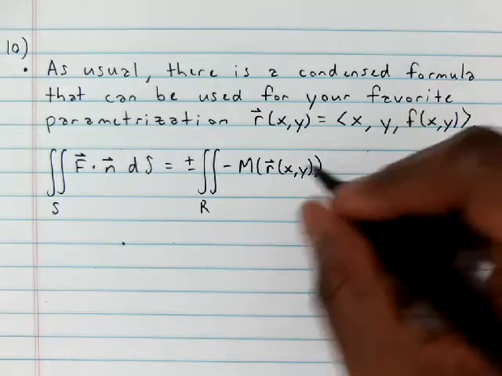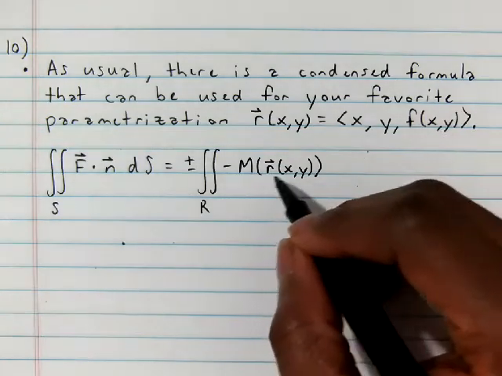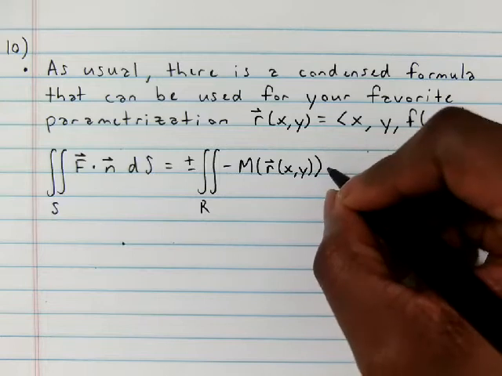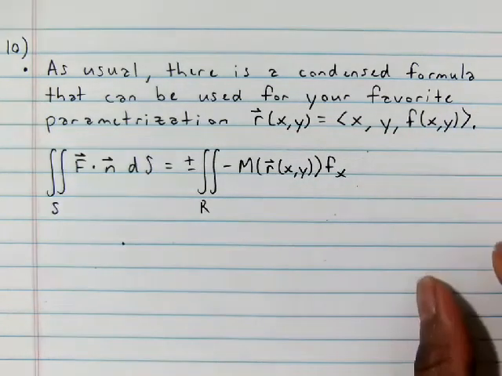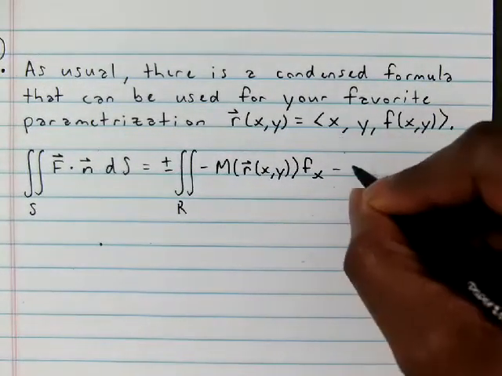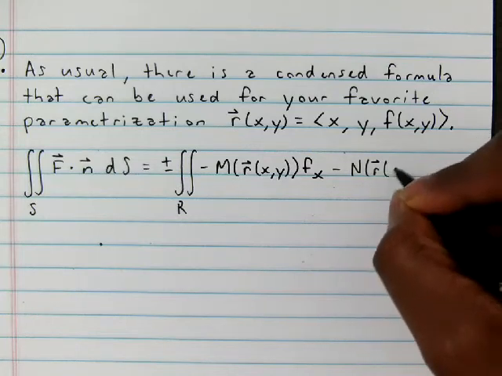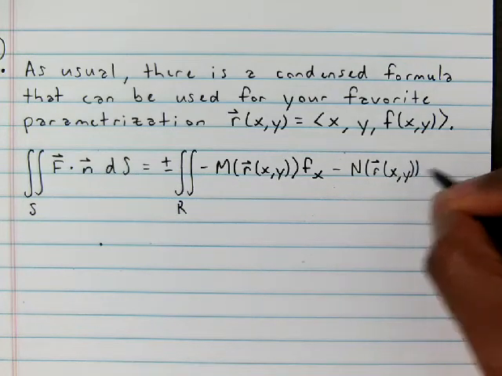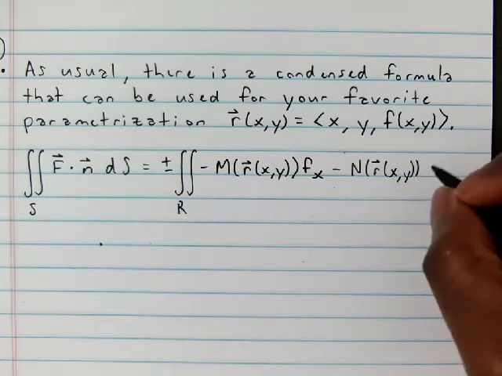Oh, and actually I need to talk about what M is, so let me specify that as well. I'll do that part at the end. So it's negative M of r of x, y times the partial of f with respect to x. I don't think I have enough space for this here. Minus N of r of x, y times the partial of f with respect to y.